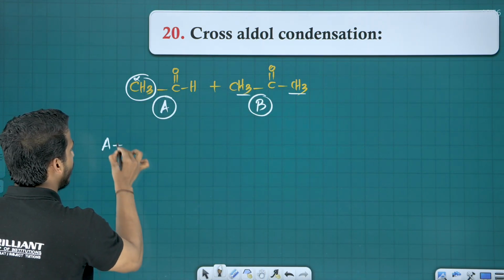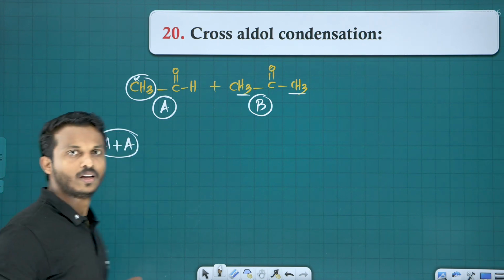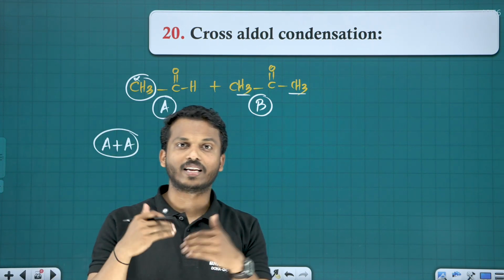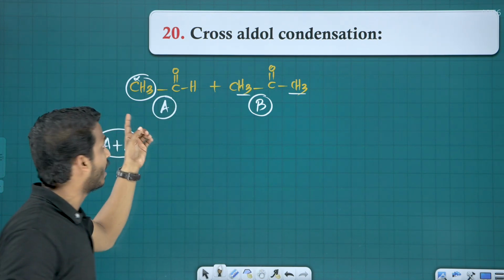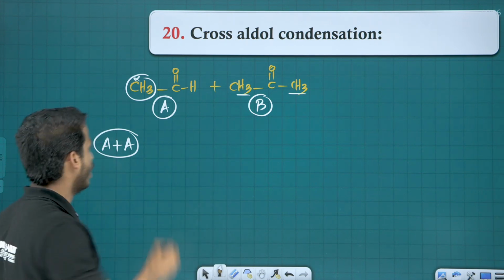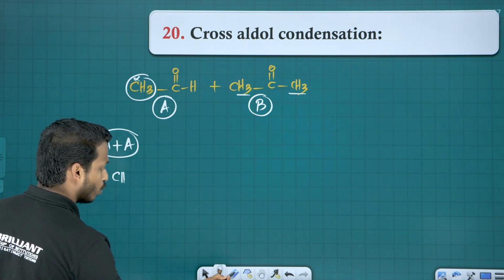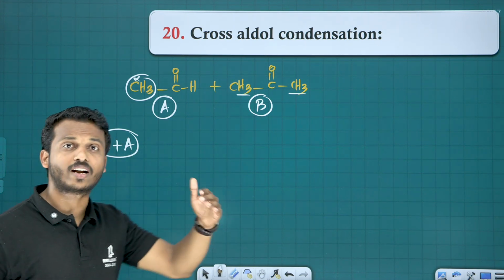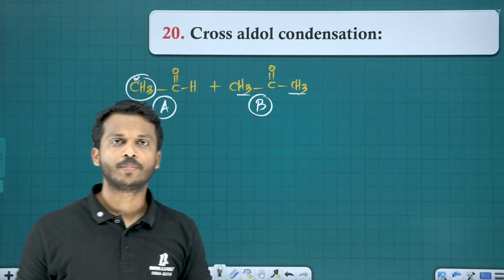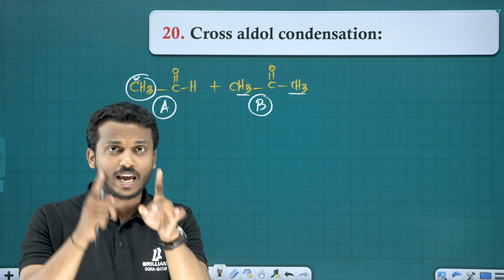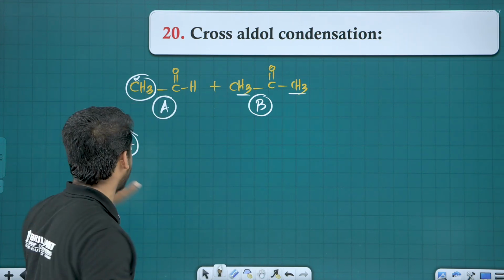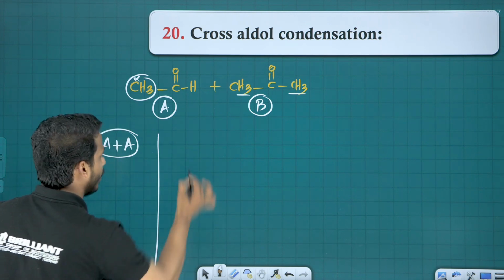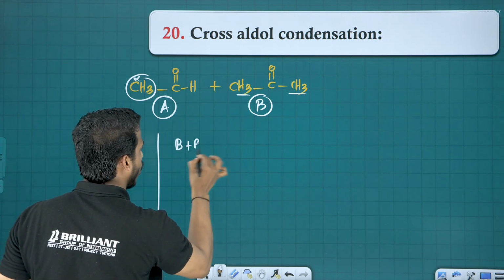A combined with another A. So one ethanol can react with another ethanol. How can we write the product in a simple manner? You will get 4 combinations. This is the AA combination and the BB combination.